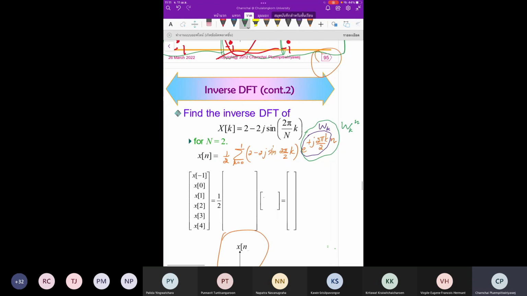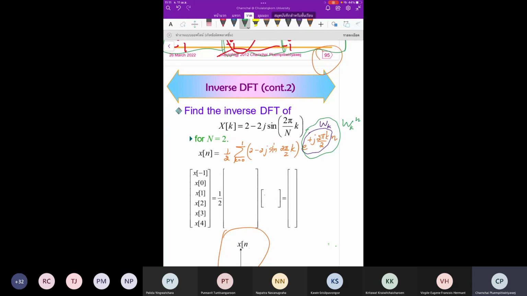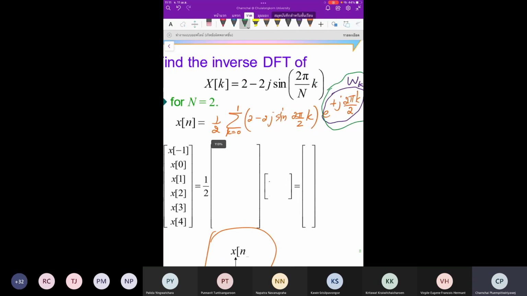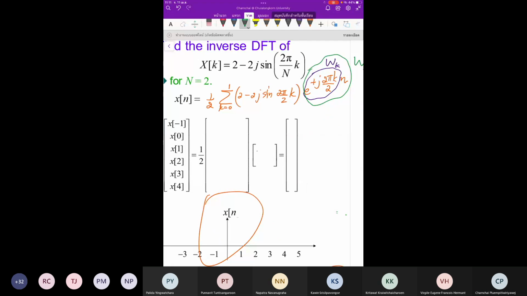In this case, we got only two k's, so we have capital X0 and capital X1. Capital X0 is just k equal to 0, e to the j 0 is 0, so it's just a 2. And capital X1, when k is 1, e to the j pi.